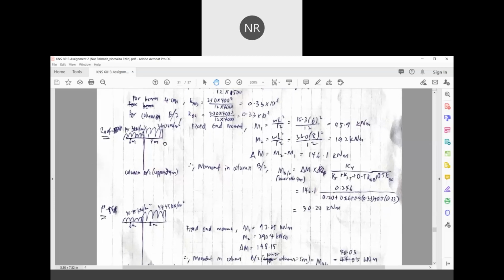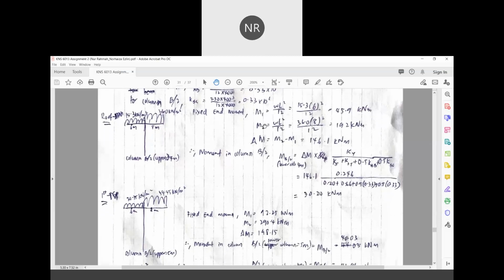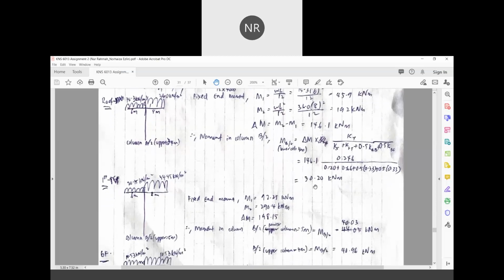Okay, to get the moment in column D2 from the roof, you can use the calculation for moment, and then you can get the final value as 30.2 divided by 20, which is the lower column.